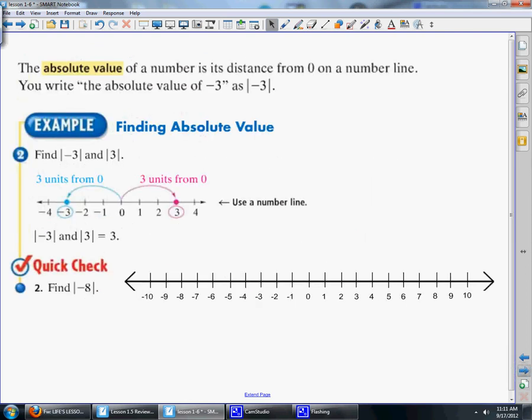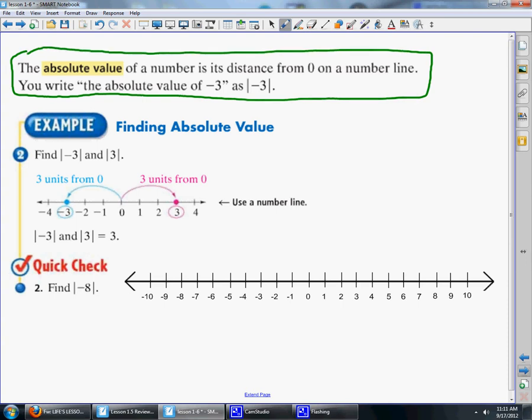Absolute value. This is a new term for you, so I need you to write down the definition of absolute value. And what absolute value means is it's the distance from 0 on the number line, or how far a number is away from 0 on the number line.